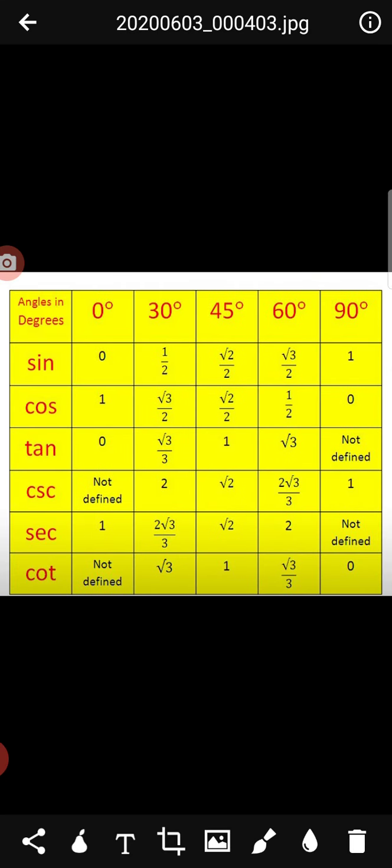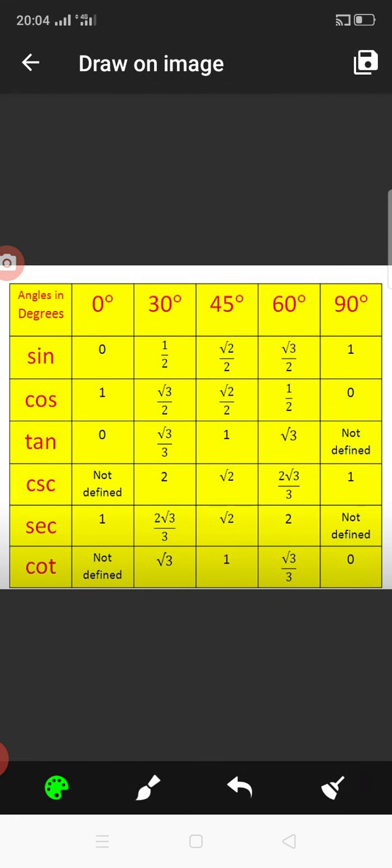See here the table now for 30 degrees. I am showing you what the ratios will be for 30 degrees. For 30 degrees we see that sine of 30 is 1 by 2, cos of 30 is equal to root 3 by 2, tan of 30 is root 3 by 3 or 1 by root 3.